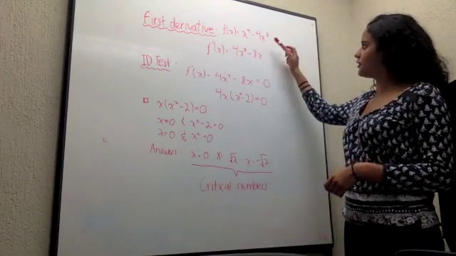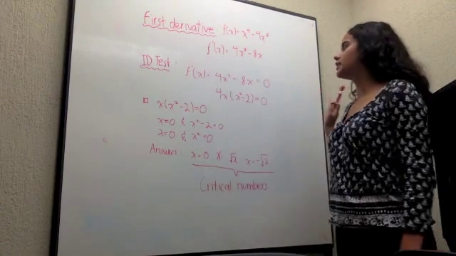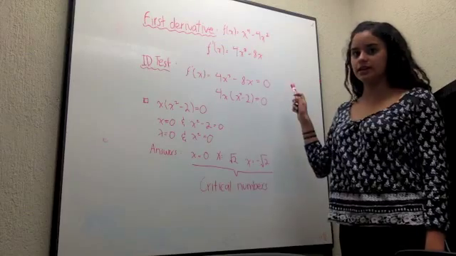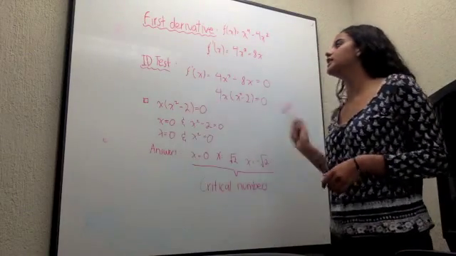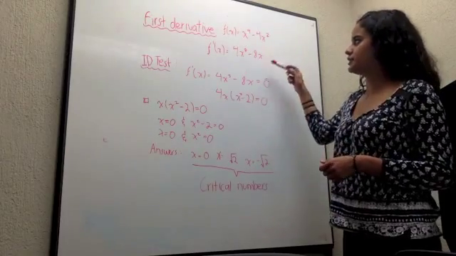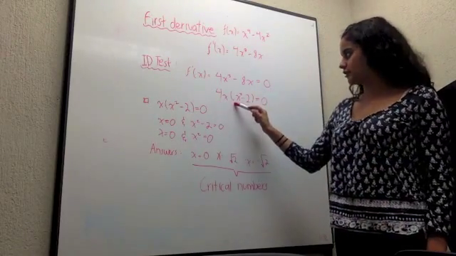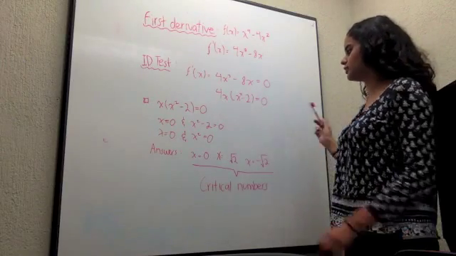So our first derivative gave us f prime of x equals 4 times x cubed minus 8 times x, and this was our first derivative. And then to get the increasing and decreasing test, we set our first derivative equal to 0. Then we take the common factor, and it gave us 4x times x squared minus 2 equals 0.